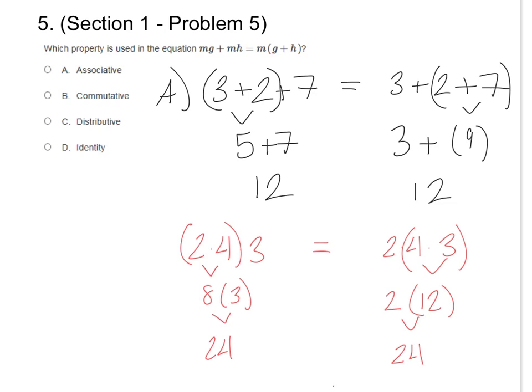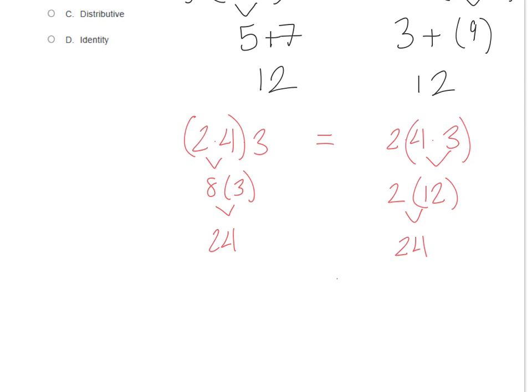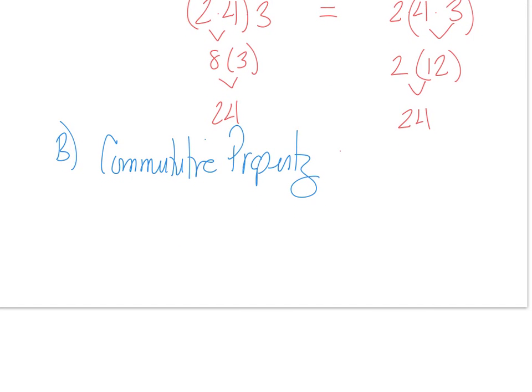So next we're going to look at the commutative property. The commutative property also works for addition and multiplication. So if I am adding two numbers together, I'm adding 2 and negative 9 together, the commutative property tells me that I can change the order.